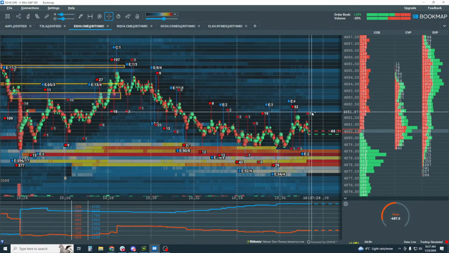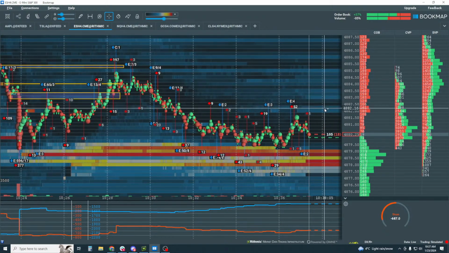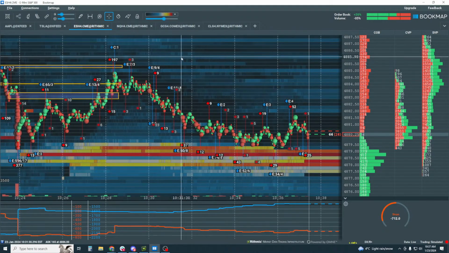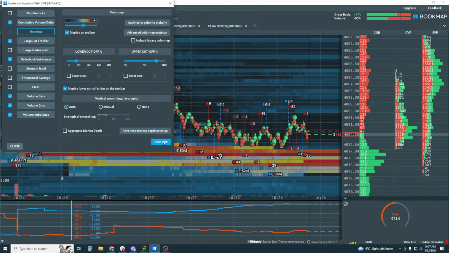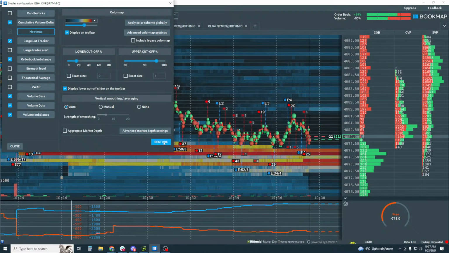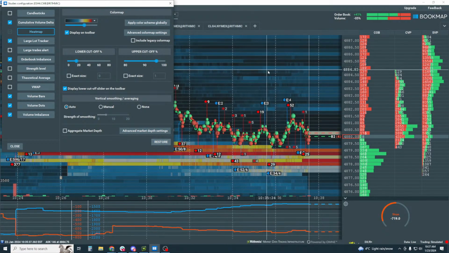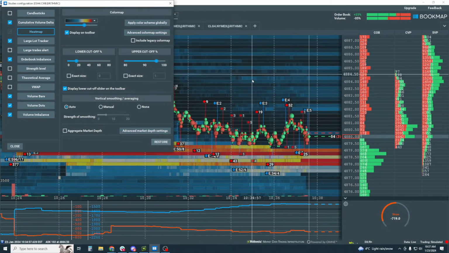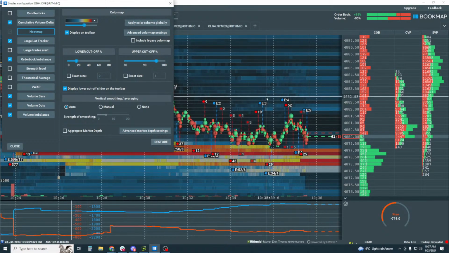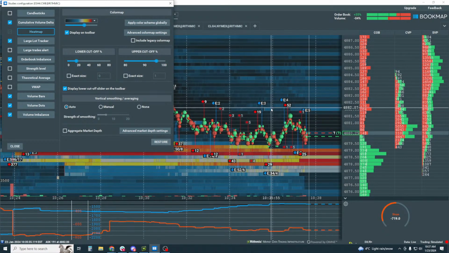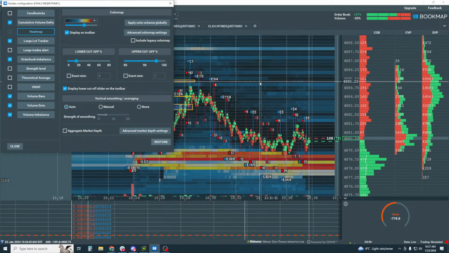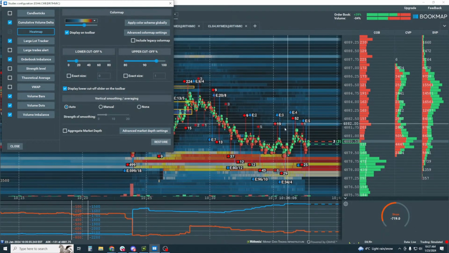Look at the offer though. See how it's starting to shape up a little bit. I'm using the default heat map settings here, but really key into this kind of liquidity up here, this lighter blue color. It really is pretty meaningful stuff.